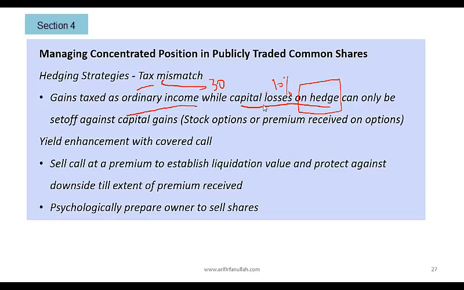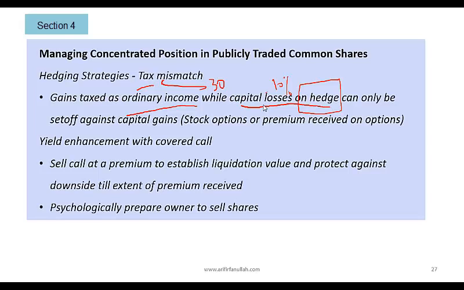So if you don't have a capital gain, you have capital losses, and you're paying taxes on your ordinary income, that is what we call a tax mismatch. Strategies should be derived so that tax mismatch can be minimized.